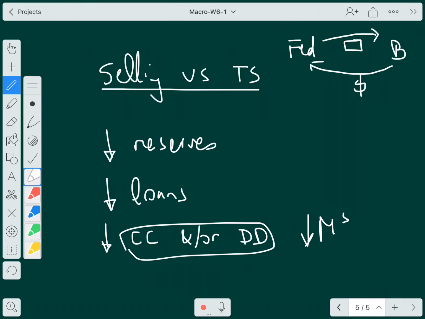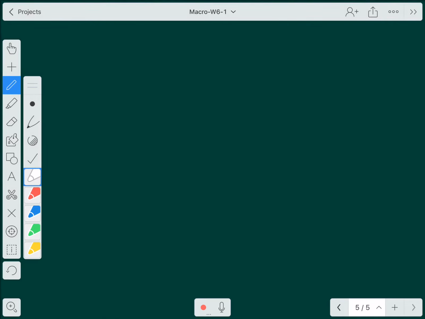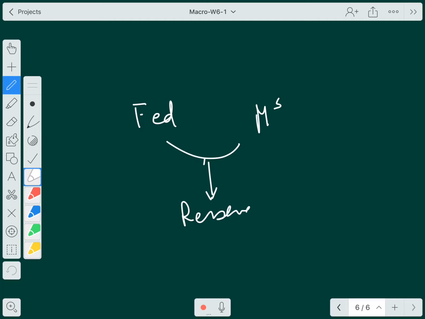Okay, so the link between the Fed and the money supply is actually through how they affect reserves. And they are affecting reserves through the Federal Open Market Committee.